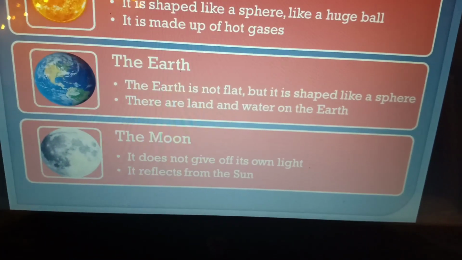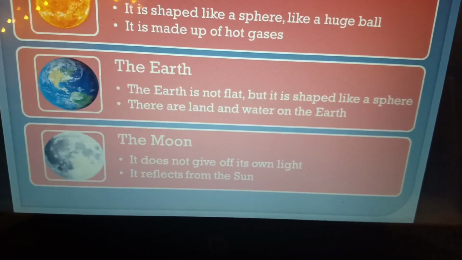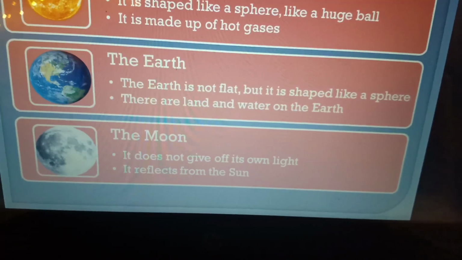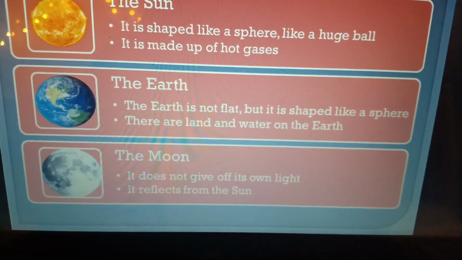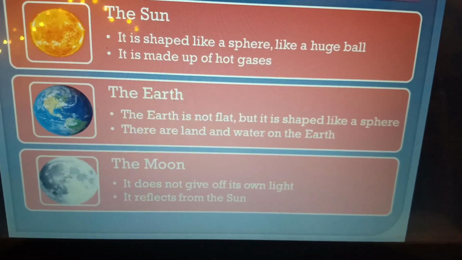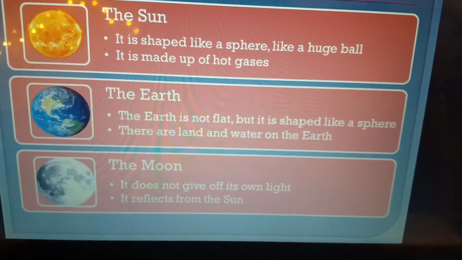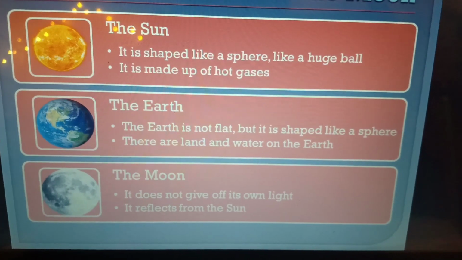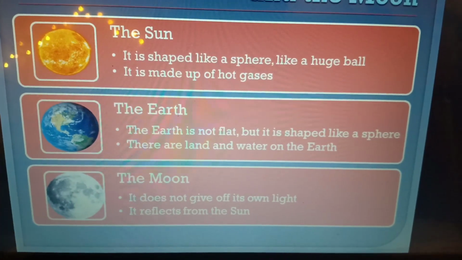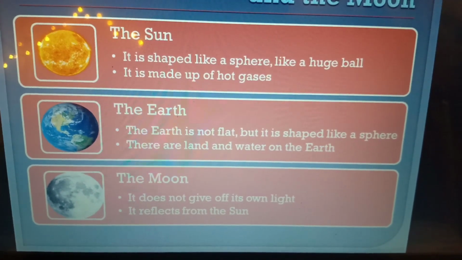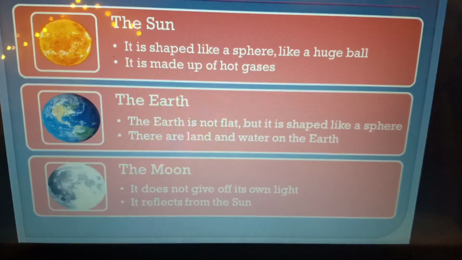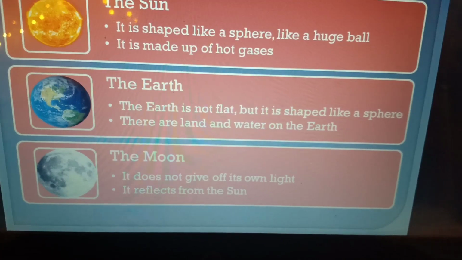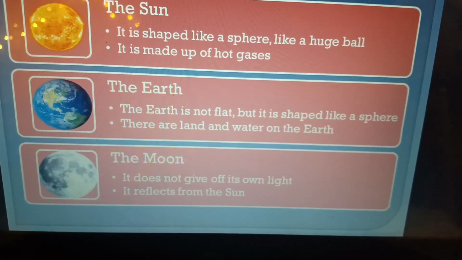And the last one is the moon. The moon doesn't give off its own light. Even though we can see the moon in the evening or at night, and it has light, actually it doesn't produce the light by itself.